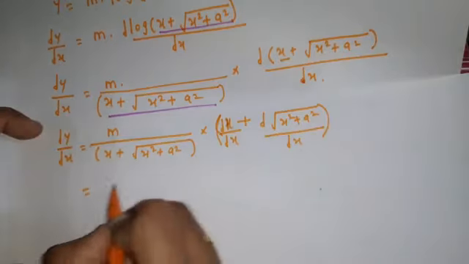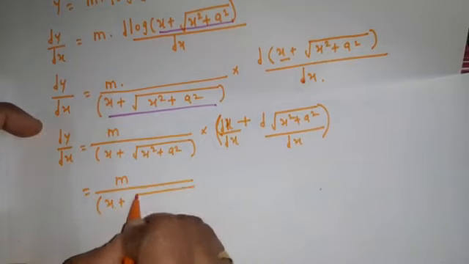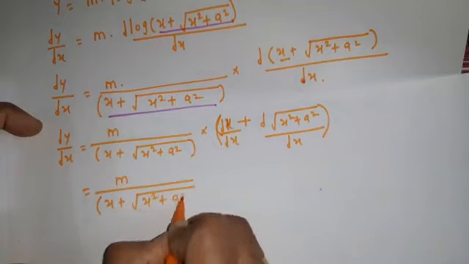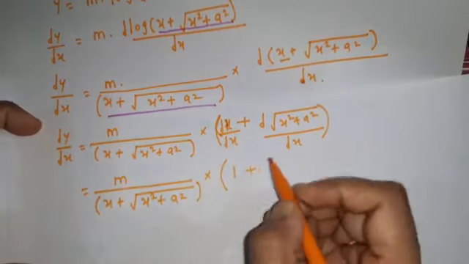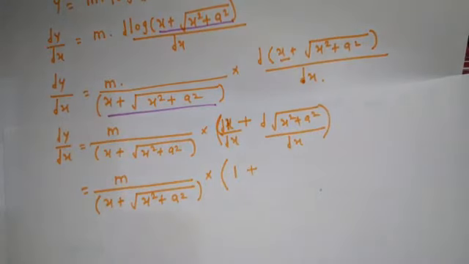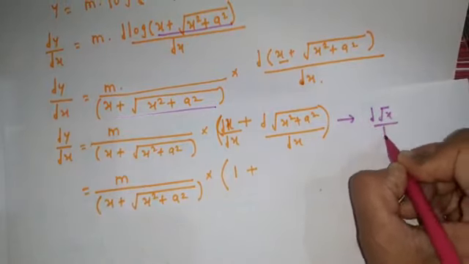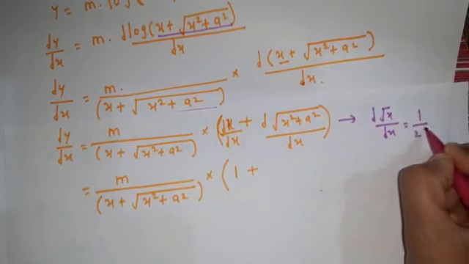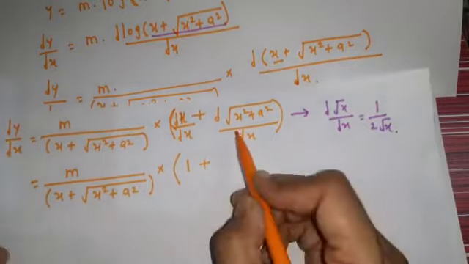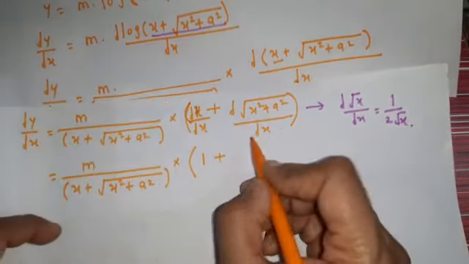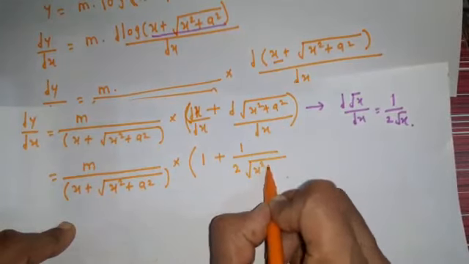Okay, and now this is equal to m upon (x plus square root of x square plus a square) into differentiation of x with respect to x is 1, plus differentiation of square root of x is 1 upon 2 root x. By using this formula, differentiation of root of x square plus a square is 1 upon 2 root of (x square plus a square).